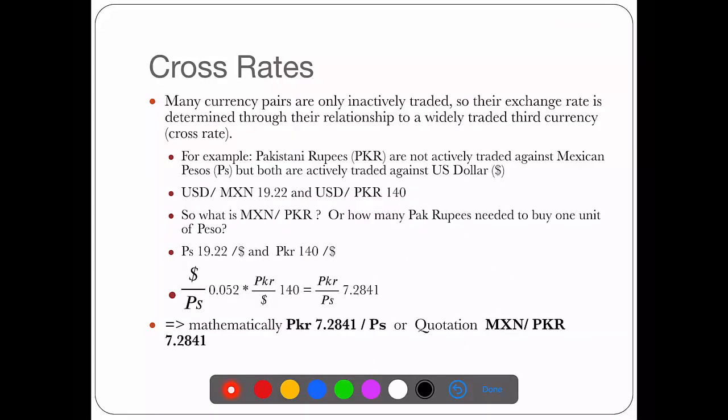Now, what is cross rate? Sometimes two currencies are not very popular and they might not be traded against each other. For example, if I want to go to Mexico for tourism purposes, I need the local currency of that country, which is the Mexican pesos, but I have Pak rupees in my pocket.